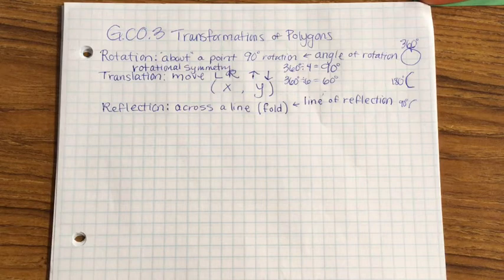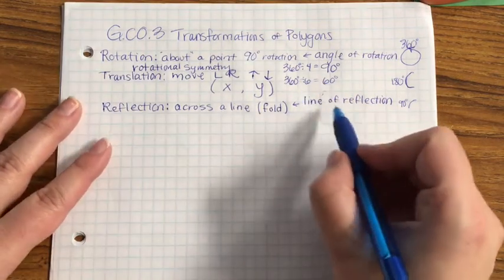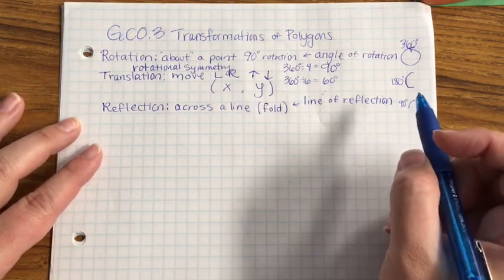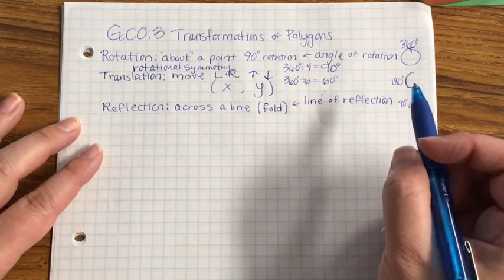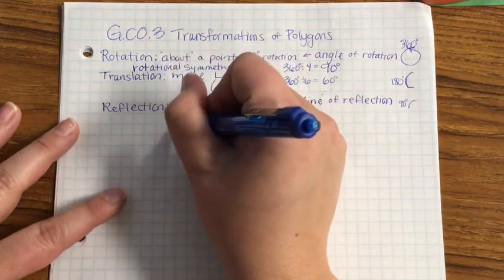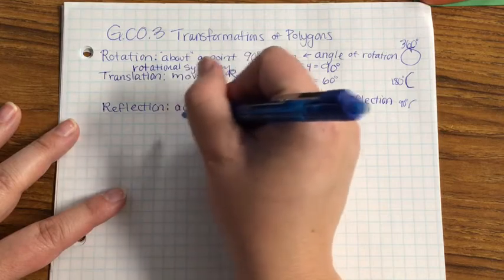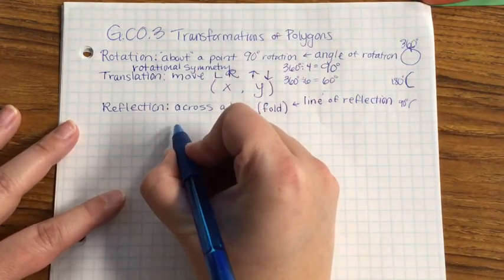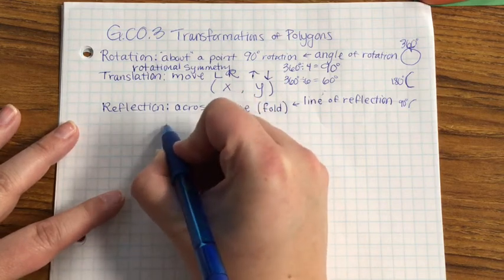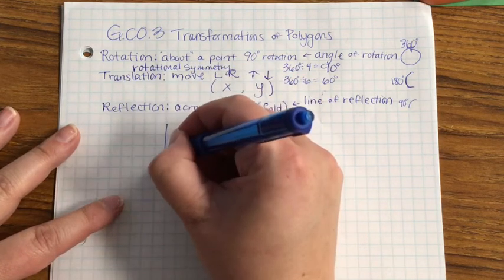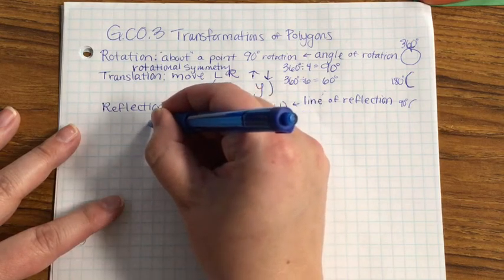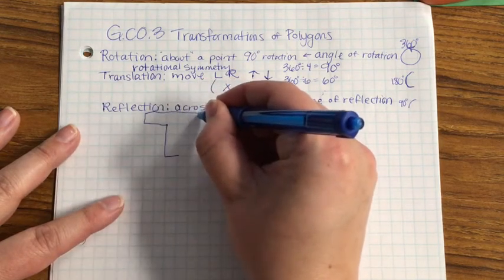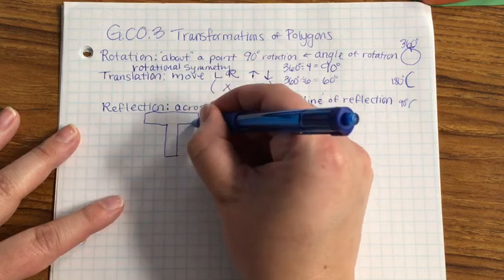And then reflecting, you have to be able to tell what it was reflected about, is what they call it. So if you had a picture, let's take the letter T. If I take this letter T, does this have reflectional symmetry?